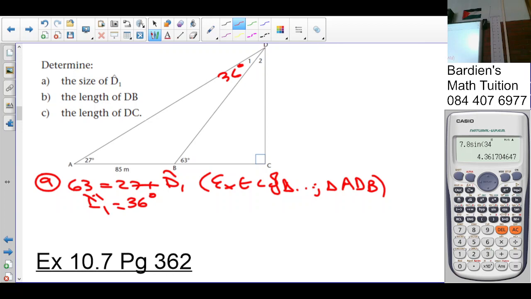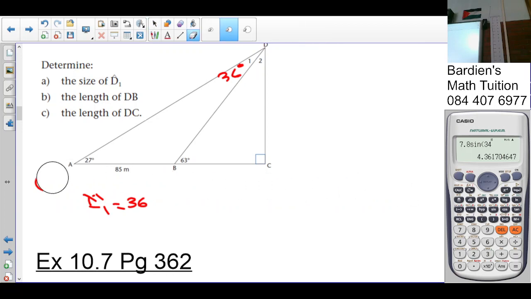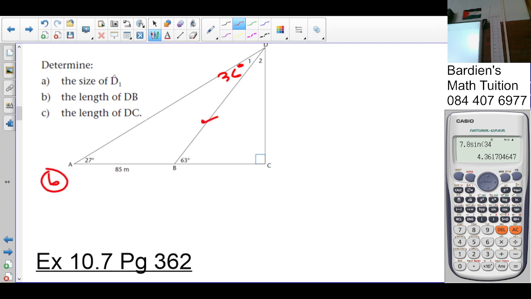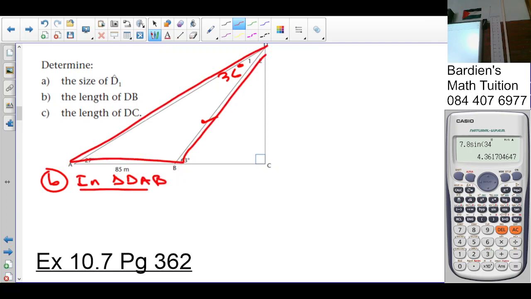B, the length of BD. Now you're going to calculate the length of BD. Sine rule, you all agree with that? In triangle DAB, I'm working in this triangle now. Can you see that?